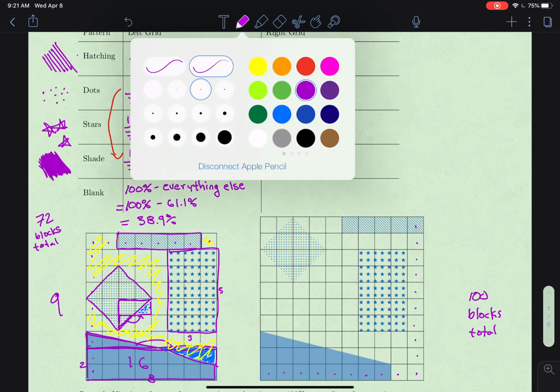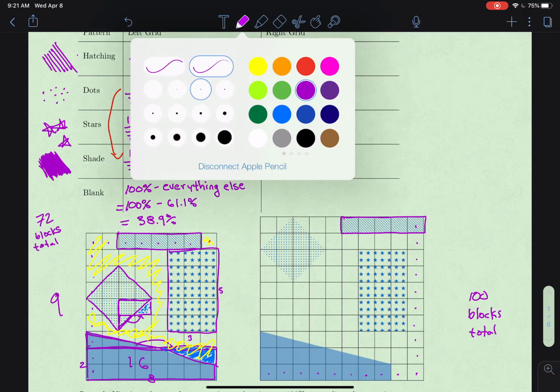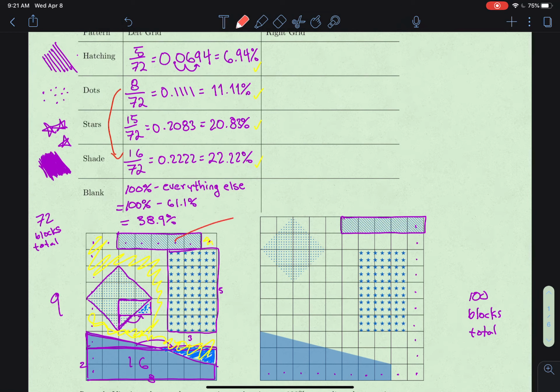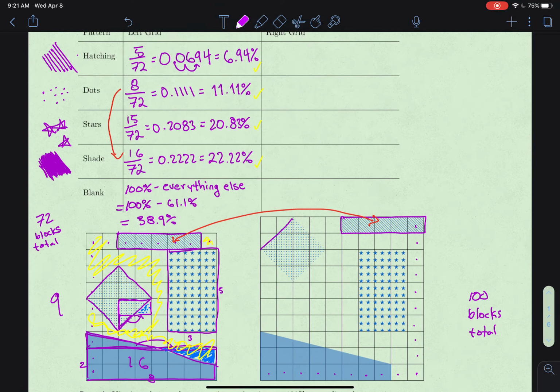The next thing to notice is that the way that I've drawn these pictures out, the amount of blocks covered by any particular pattern is the same. There's still 5 blocks covered by hatching. If you look at the diamond, it's the same number of blocks that are covered by a diamond.